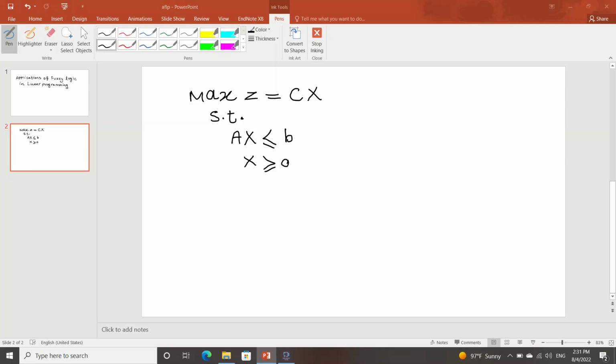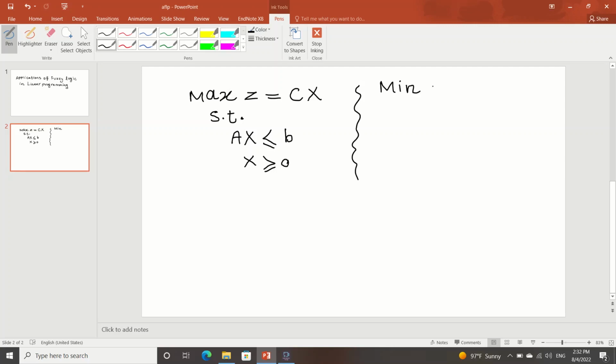Okay, this format introduces the structure of linear programming, a standard linear programming in the maximum format, and the other standard format is notated by minimum.